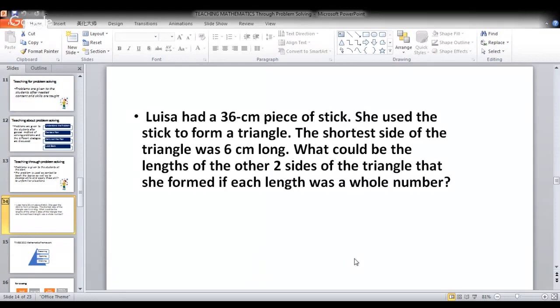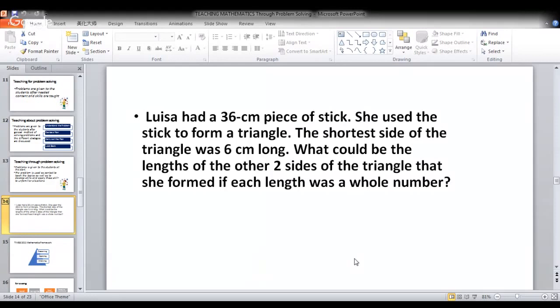So when you use a problem for teaching for problem solving, it could have varied solutions or varied correct answers, such as this problem and the problem of a box. Okay? So, all right, Irene, as long as we satisfy the inequality theorem.